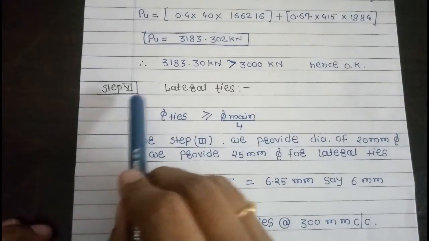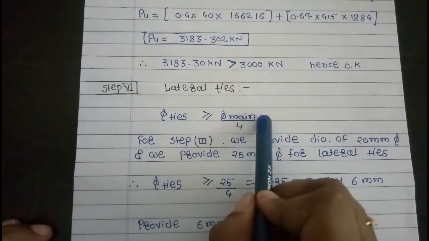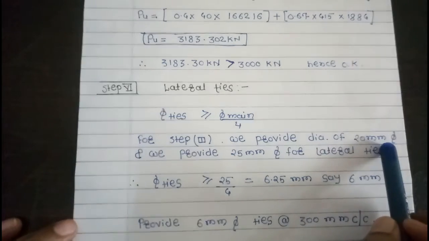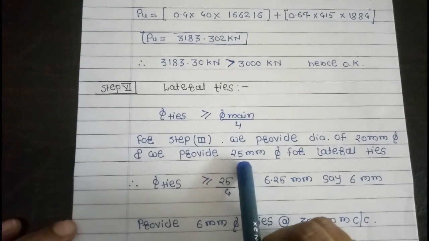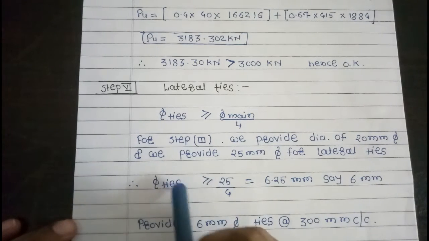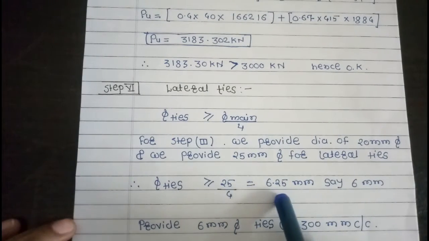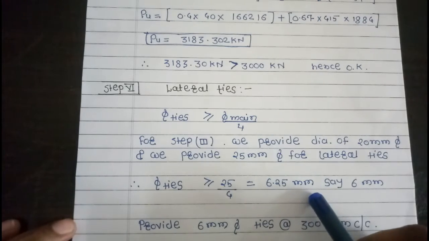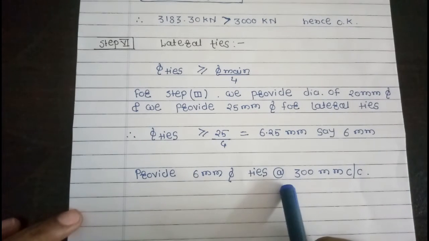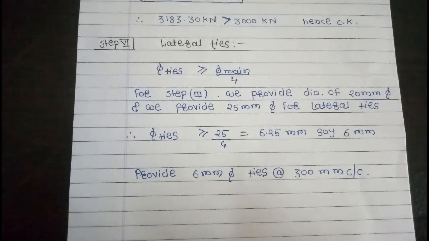Then step 6, lateral ties. Phi ties is greater than or equal to phi main divided by 4. For the main bars we provide diameter of 20 mm phi, and we take 25 mm phi for lateral ties calculation. So phi ties is greater than or equal to phi main 25 divided by 4, then we get 6.25 mm. Say 6 mm, provide 6 mm phi ties at 300 mm center to center.